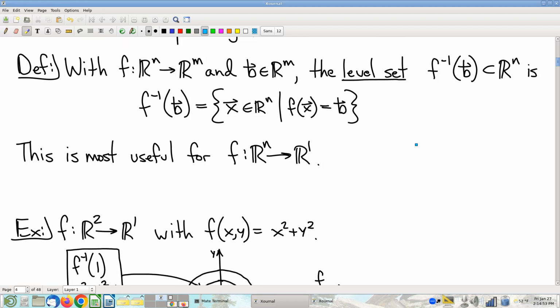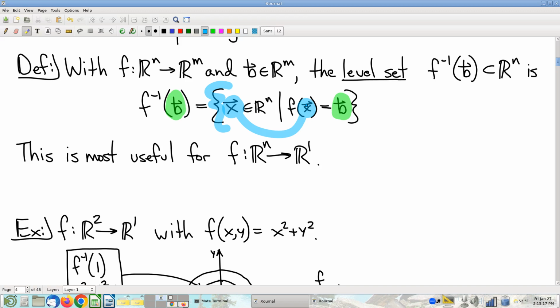Notice that the level set for a given output value is a collection of input values. Given an output, we look for all the corresponding inputs that the function sends to that output.